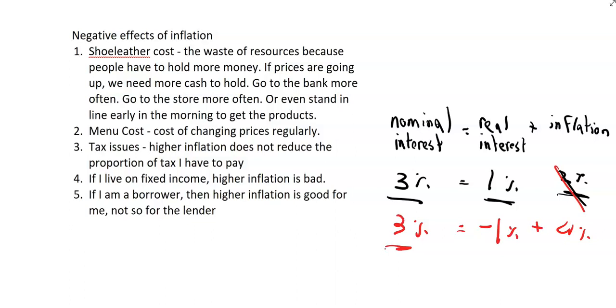So as a borrower, I keep on paying back the same amount. Now the lender is getting, yes, 3% of the income back, but because inflation is higher, their real interest rate is much lower. So if I already borrowed money, then higher inflation is good for me. So borrowers are winners. Creditors are losers if inflation goes up rapidly.